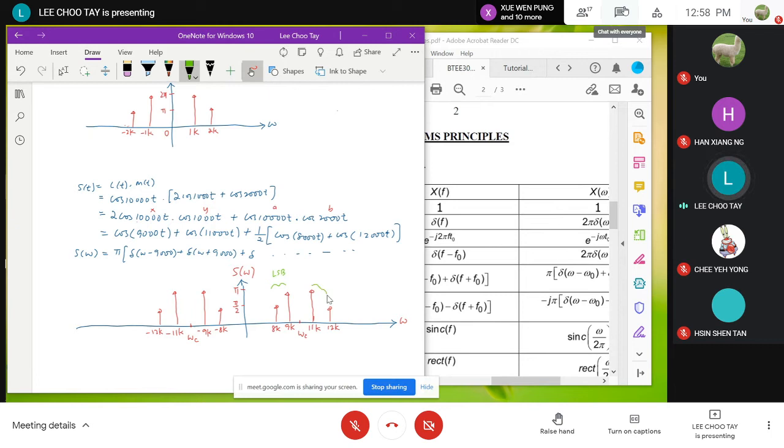These two are higher than the carrier frequency, so it's called upper sideband. On the other side, it's just a reflection, a mirror image, so these two are lower sideband and these two are upper sideband.